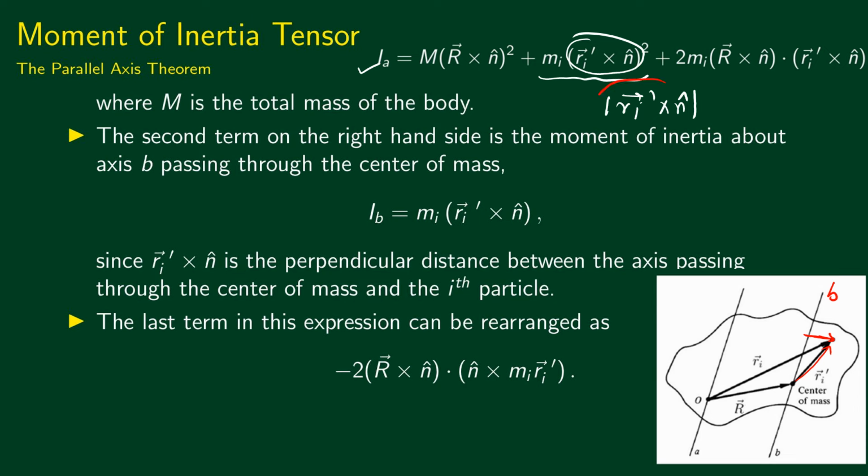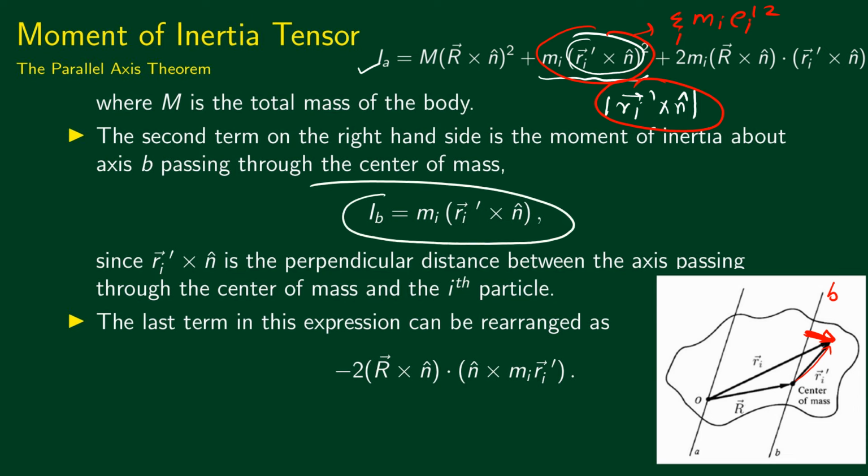So what we have here is of the form sum over I mi rho I prime square, where rho I prime denotes the perpendicular distance between axis B and the ith particle. Now what is this? This is simply the moment of inertia about axis B. This is the total moment of inertia about axis B by definition. So we write this as IB is equal to mi (Ri vector prime cross n hat) square.